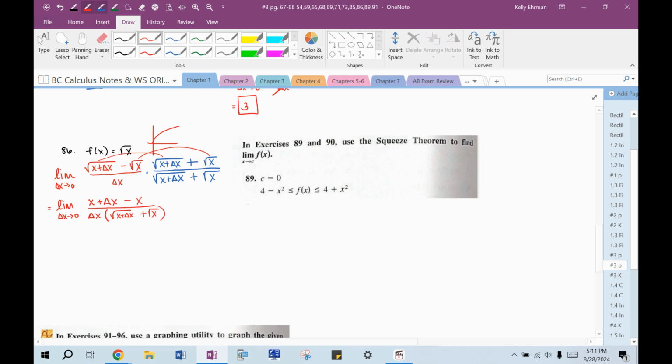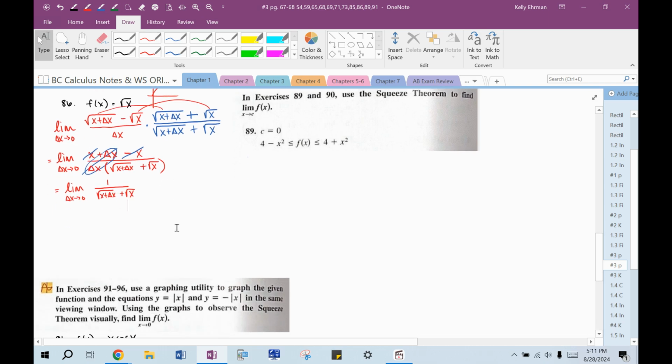So in the numerator, x minus x adds up to 0, cancels out. And then also this delta x and this delta x, they will divide out to 1. So now we're just left with the limit as delta x approaches 0 of 1 over just square root of x plus delta x plus square root of x.